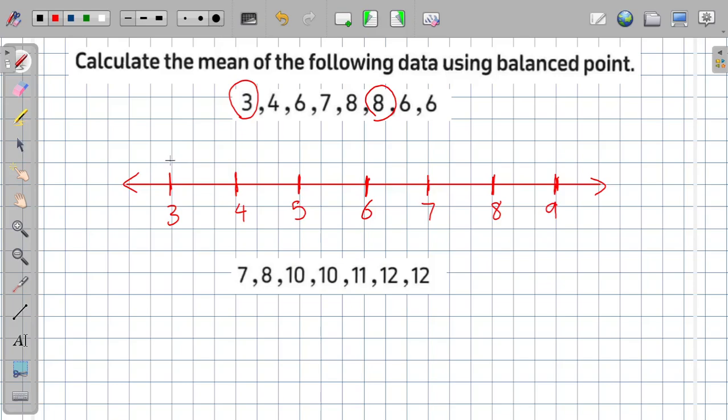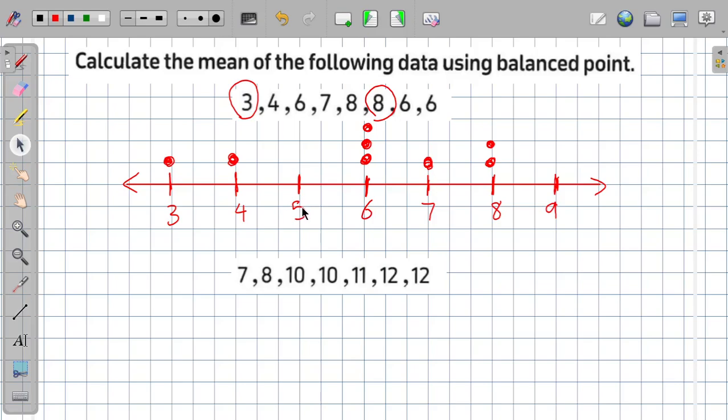So let's represent these numbers. So I have 1 point above 3, 1 point above 4, 3 points above 6, 1 point above 7, and 2 points above 8. Okay, so let's move the points or the dots to find the balance point.